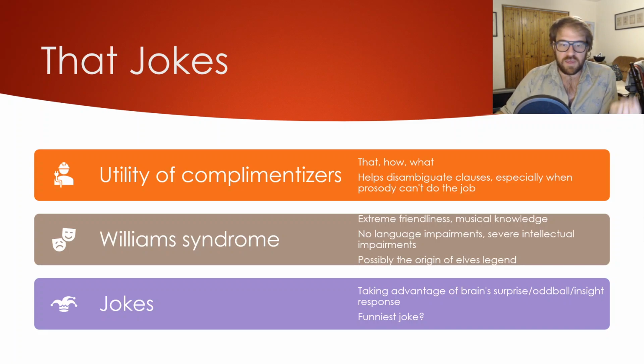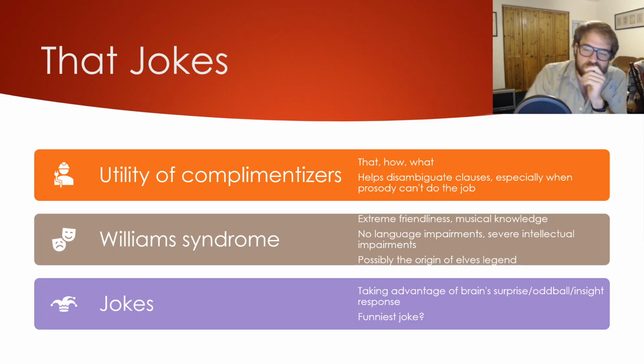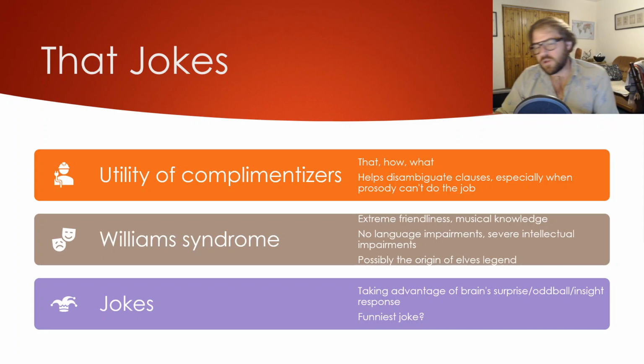You could also say "the old that man the boat," "it is the old that man the boat," "it is the old who man the boat." In some dialects of British English, it's "the old what man the boat," you might say. And so these are all complementizers, adding these in to disambiguate clauses from one another. It's when we're not using prosody or complementizers that you end up getting garden path sentences.